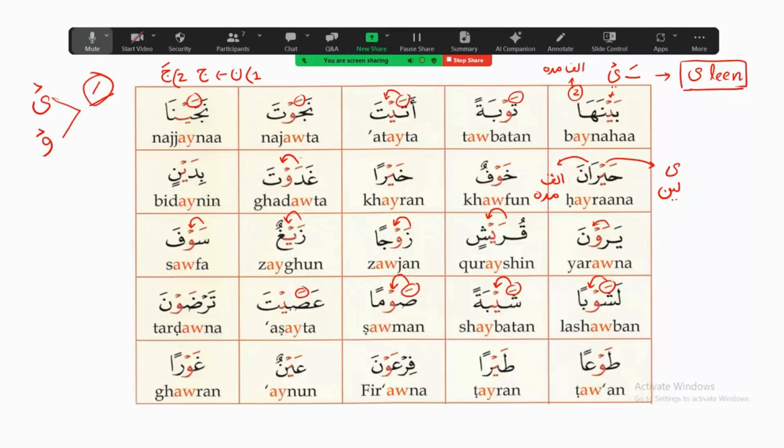Okay, so here again, a soita, tarda, and then waw. ترضوا، طوعا، طيرا، فرعون، عين. غورا: gha sound, first of all a fatha with a ghain, and then shifting to waw, غورا.